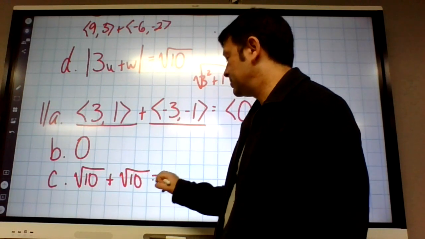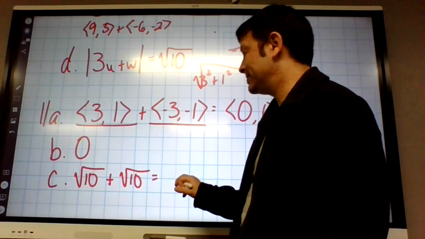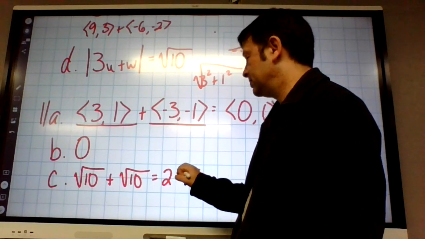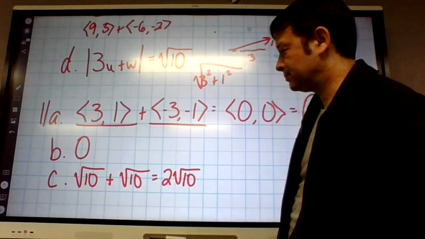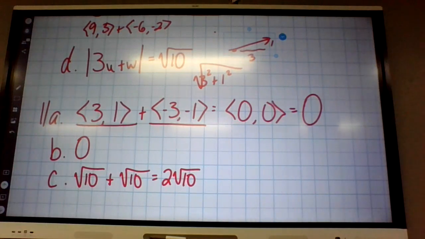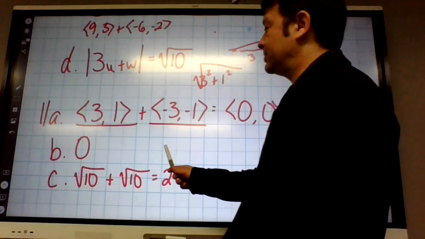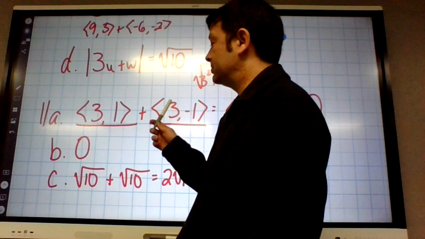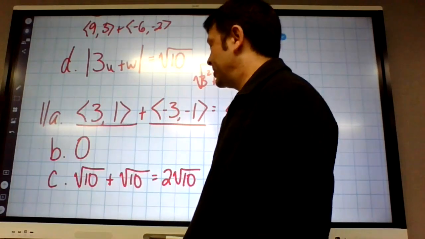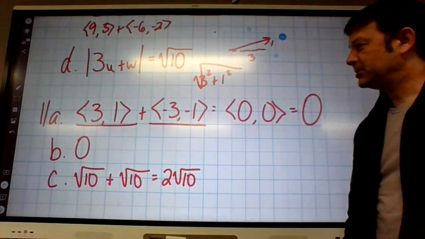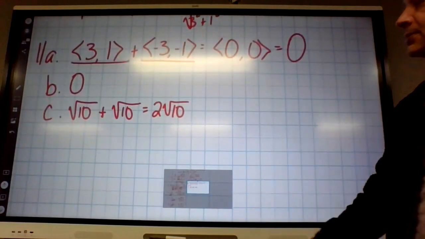Still square root of 10. Square root of 10 plus square root of 10 is 2 square root of 10. So if you find the magnitude of the vectors individually and add them together, it gives you a different answer than adding the vectors together and then finding the magnitude. Because when you add those vectors together, they cancel out.